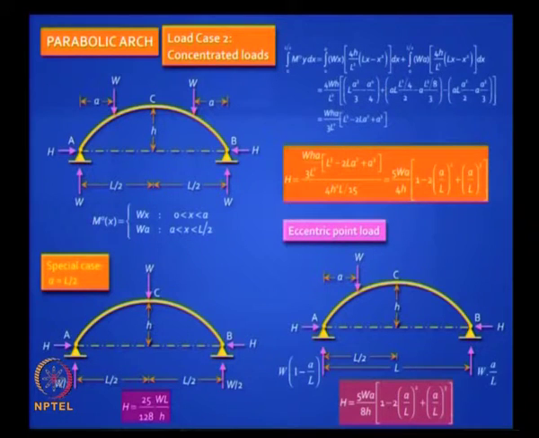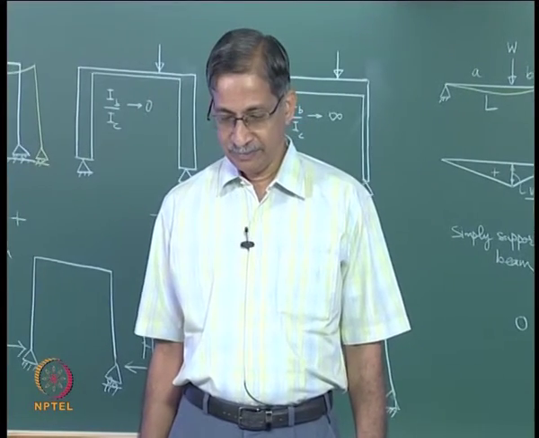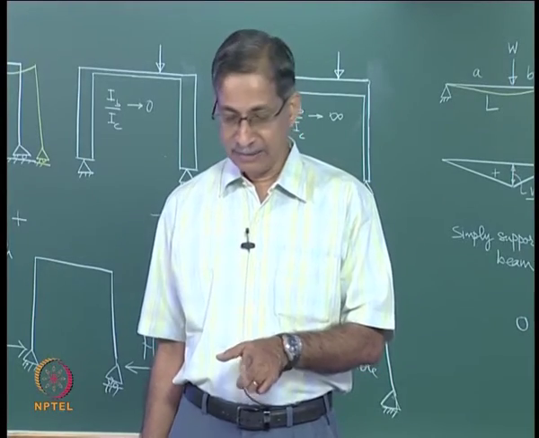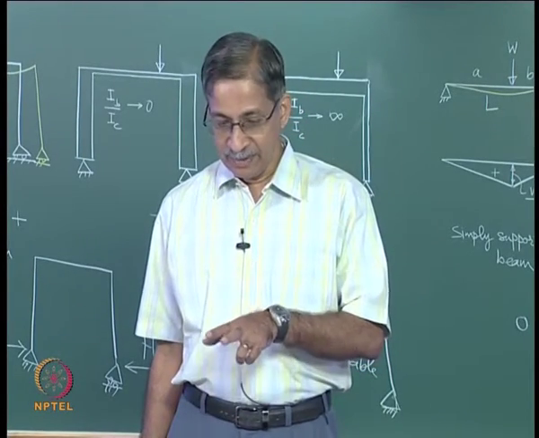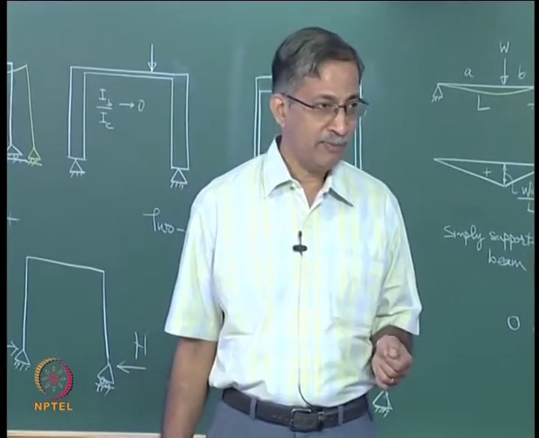Now let us put together all that we have learnt and apply it to this problem. Just go through the motions of solving this problem. You have two concentrated loads, one is at the crown, the other is eccentric. You have a UDL but not all the way till 1/2.